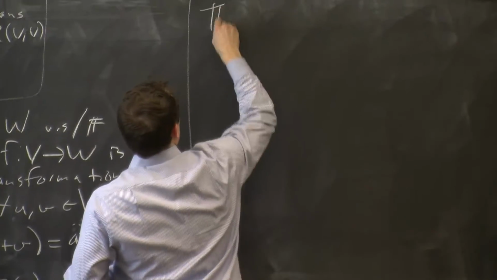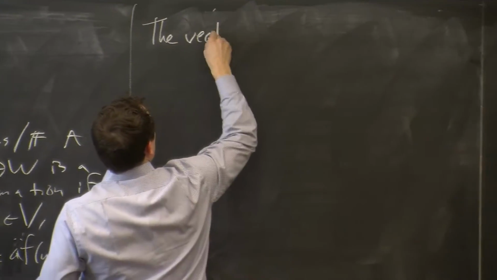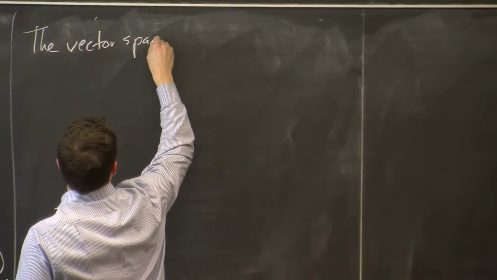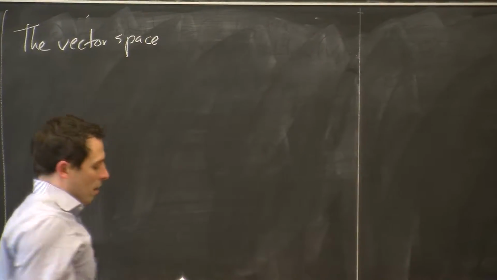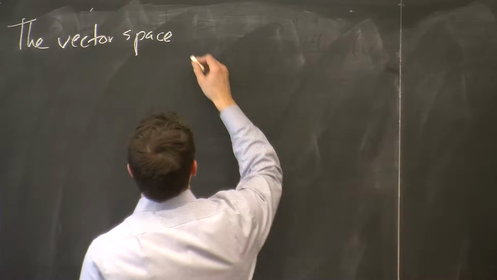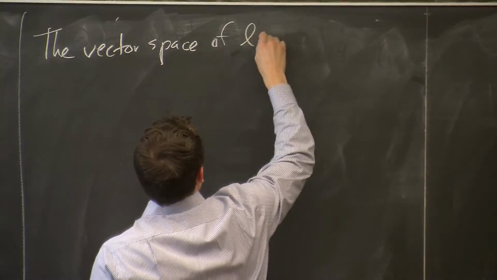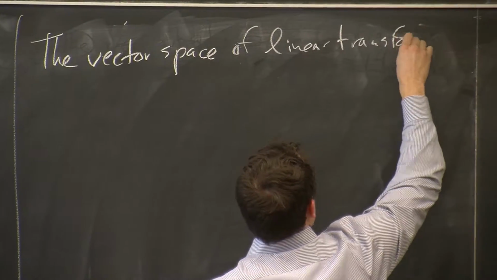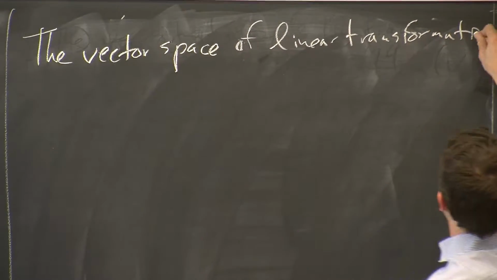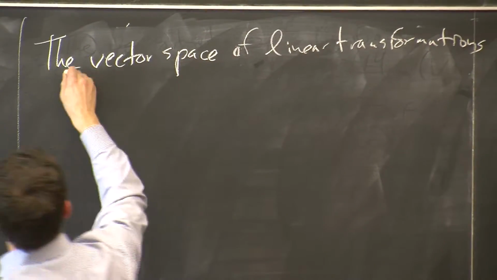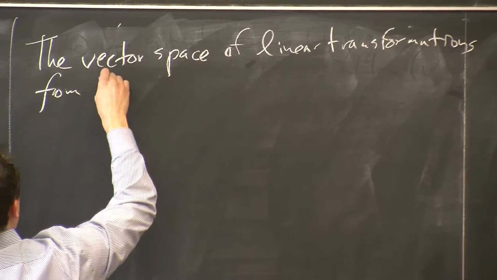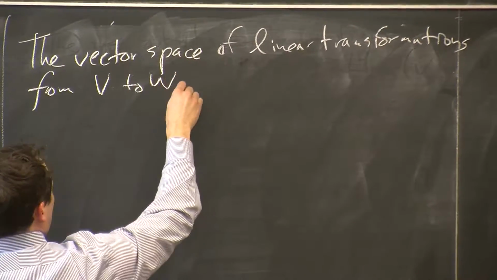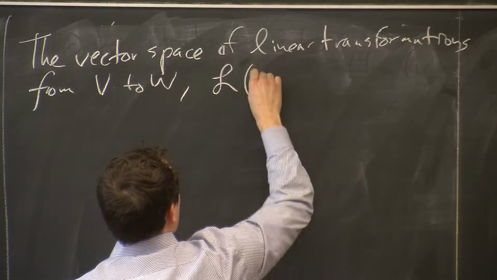We then talked about the vector space of linear transformations. Part of your homework is to prove that it's a vector space. It's denoted by various things.